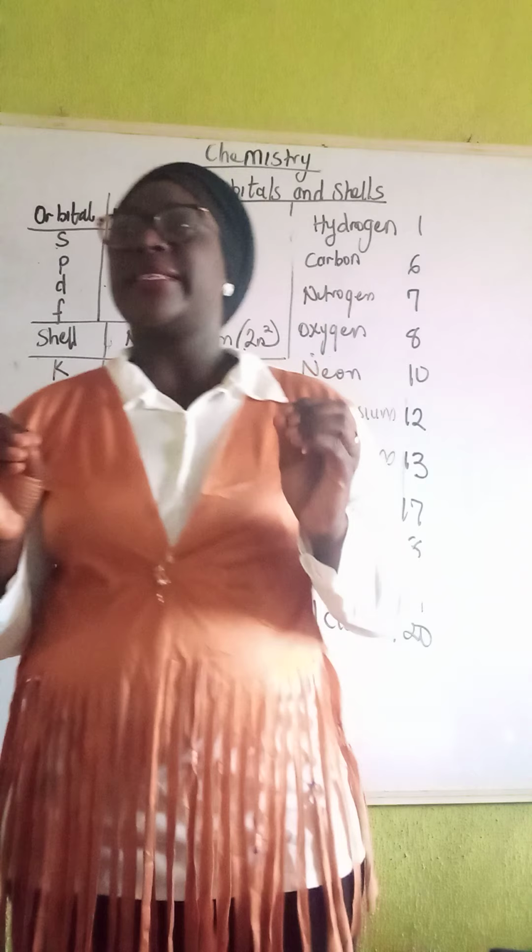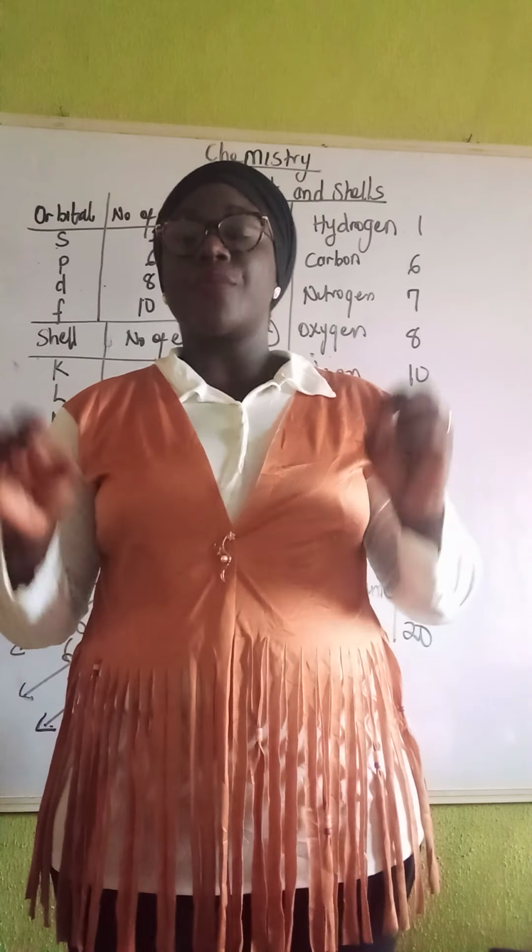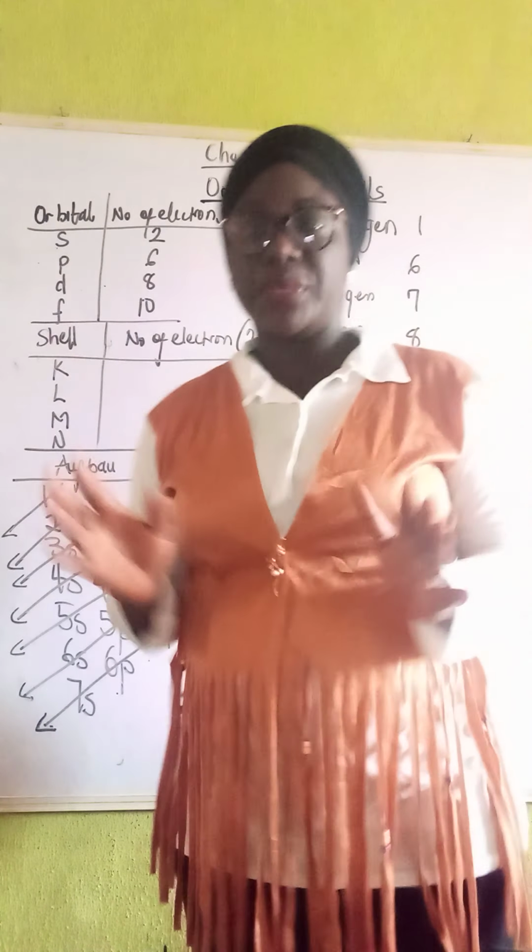Now, if you want to write the electronic configuration of a particular element, you might be told to write it based on the number of shells and the number of orbitals.